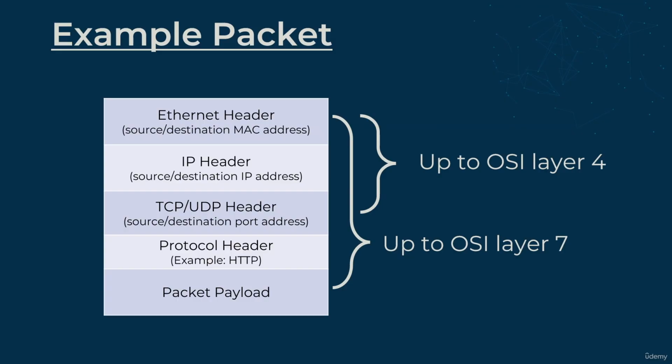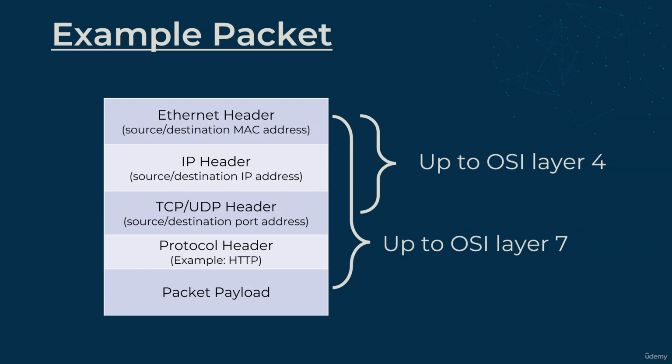Then we have, in this case, it really depends on the transmission, but in this case it would be either a TCP or a UDP header. If you're hitting a website, it's TCP. If you're doing a DNS query, it's UDP. Either way, TCP or UDP uses port numbers. This is layer 4 of the OSI model, the transport layer. Then we have things that are specific to the protocol, like HTTP or DNS and so on.